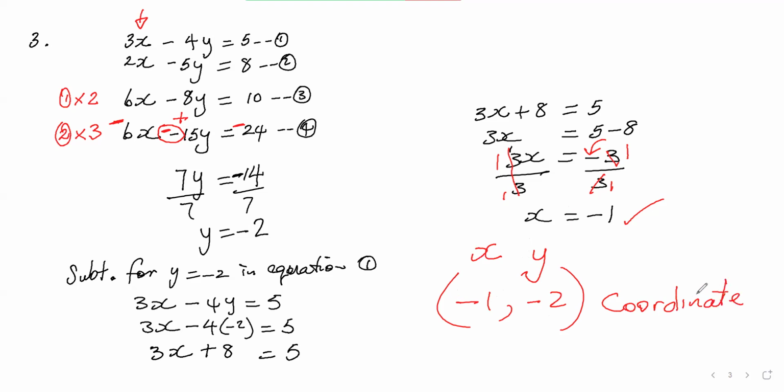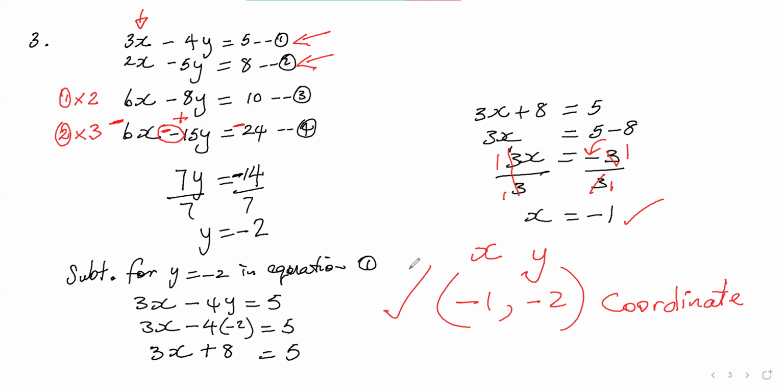And we represent this on a graph. Now, for a simultaneous equation, listen carefully. This coordinate represents where these two lines intersect. I want to say that again.